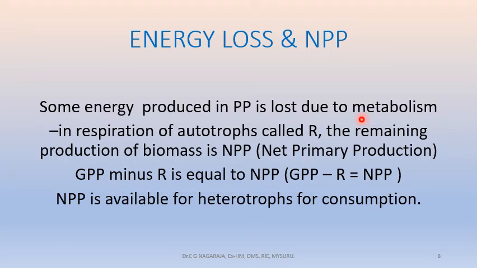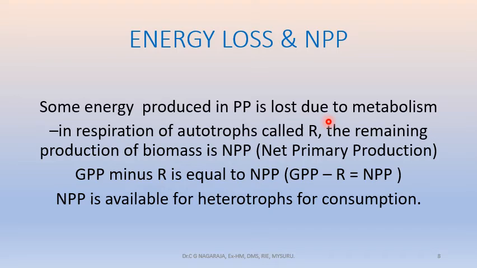Whenever the plant is using a certain amount of energy, most of the energy is used in what is called respiration. See, every plant respires. You may not be able to see it like human beings having lungs, but they do respire. Every part of the living cell respires, and that will be expressed in a symbol called R.